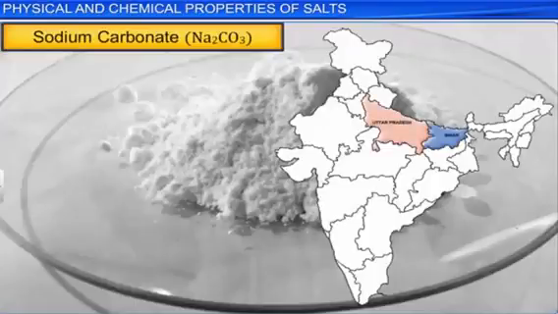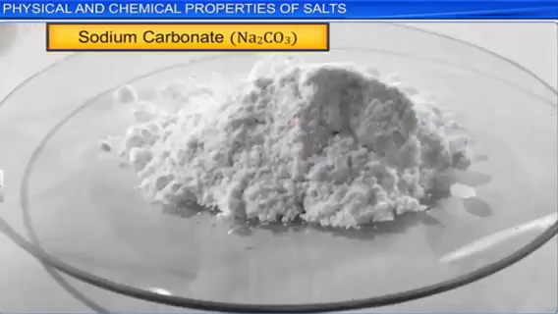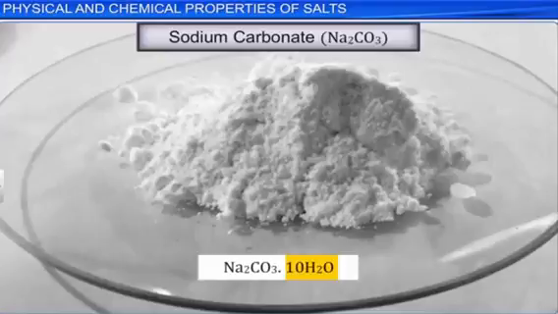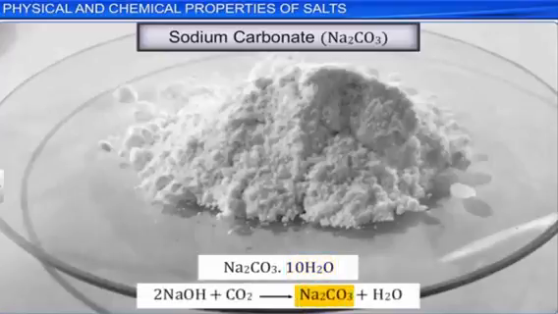In crystalline state, sodium carbonate possesses 10 molecules of water of crystallization. Sodium carbonate is prepared by passing carbon dioxide gas in a concentrated solution of sodium hydroxide. Thus, crystals of sodium carbonate are obtained by evaporating the solution of sodium carbonate.